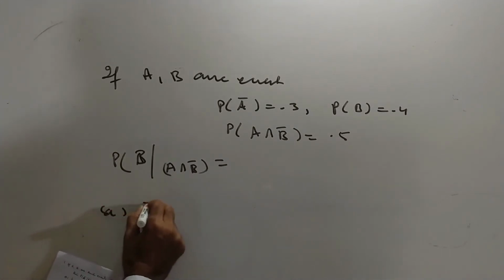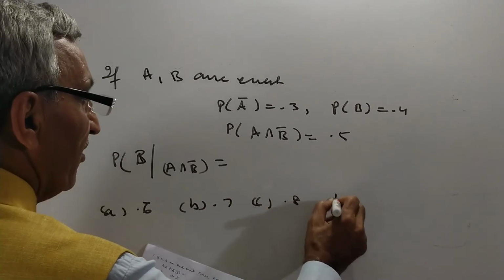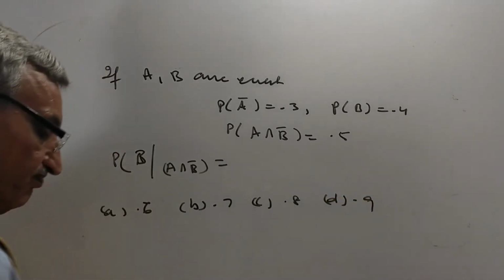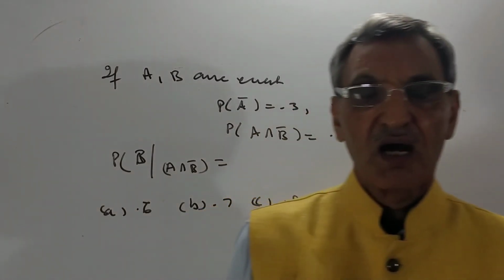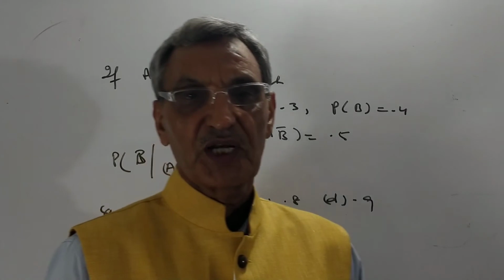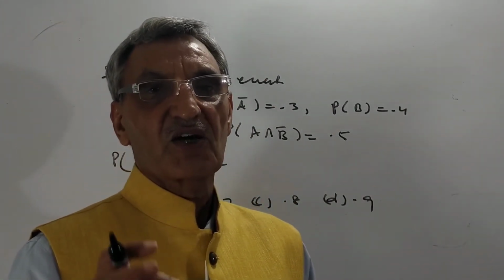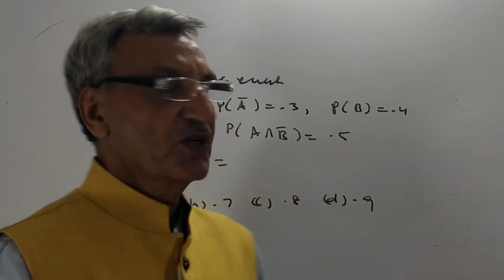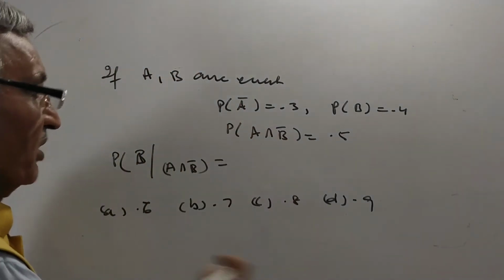Choices are 0.6, 0.7, 0.8 or 0.9. These are the questions. I'm just near to the end of probability, and hopefully you might understand what type of question I am doing, and I will be doing more about it.